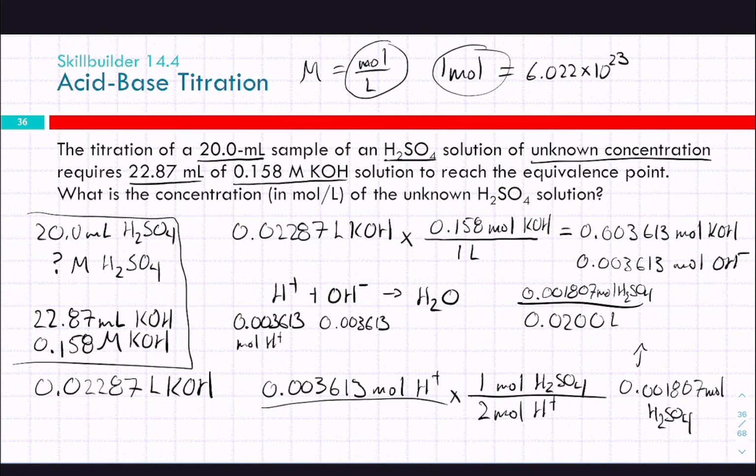So now we have moles divided by liters. Divided by 0.02, the answer is then 0.090 molar H2SO4. I think it should be 0.0903 because of sig figs, but I ran out of space.